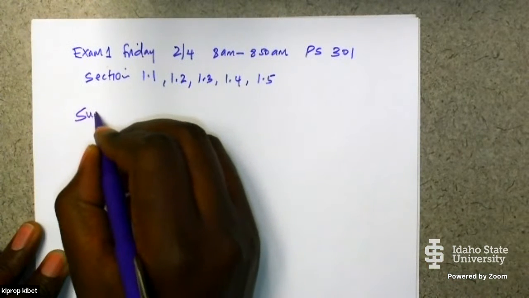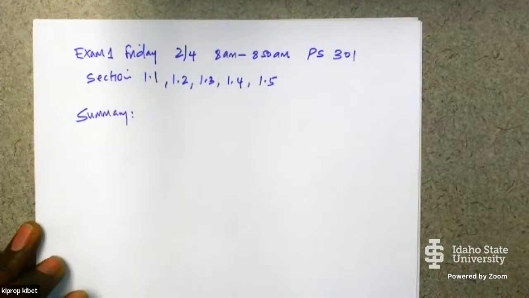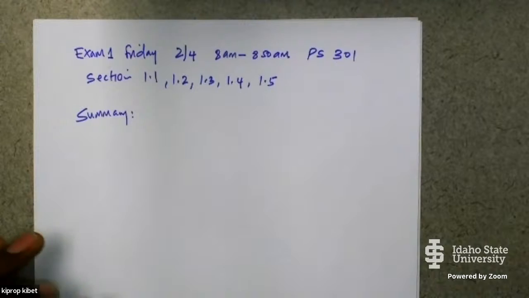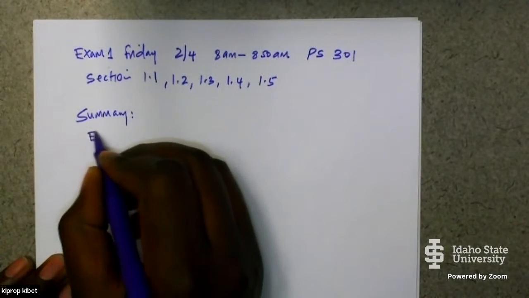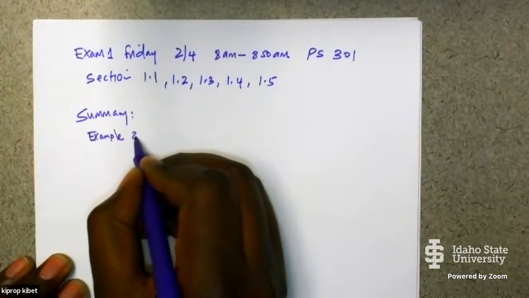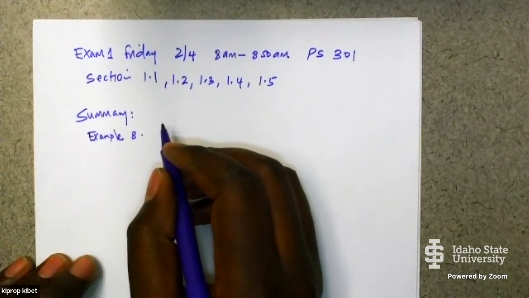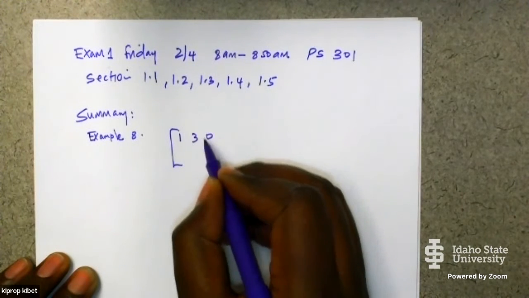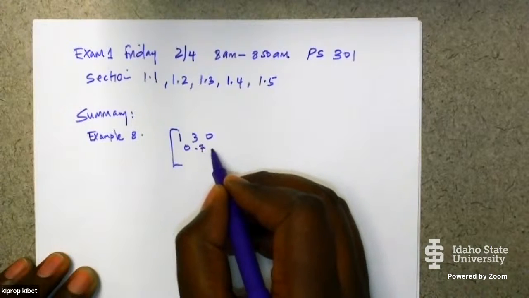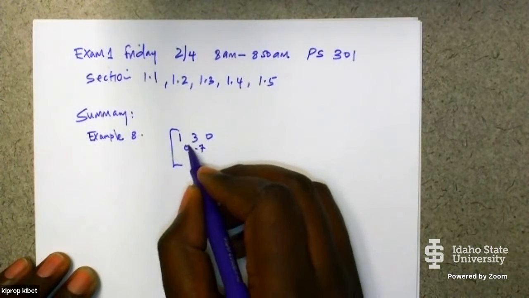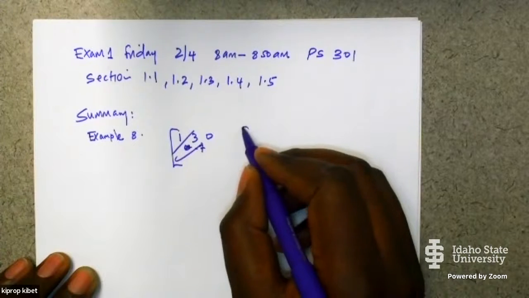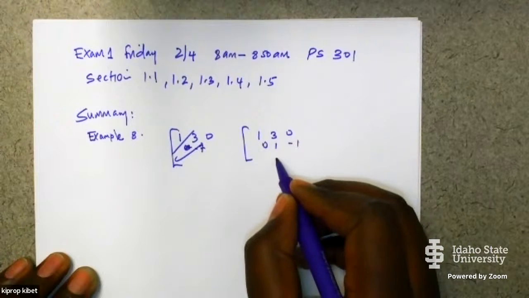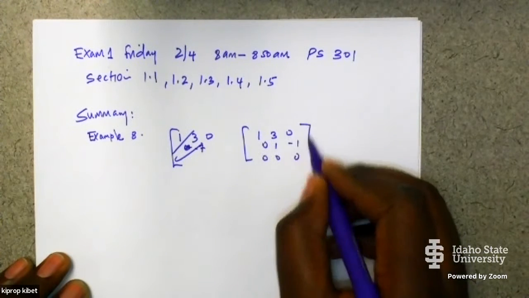So we did a summary of the examples that we did. From example number 8, what we found is the matrix of this form: 1, 3, 0, 0, 1, negative 1, and then 0, 0, 0.